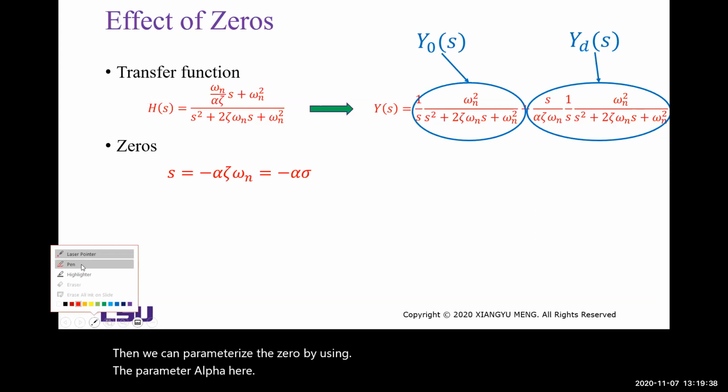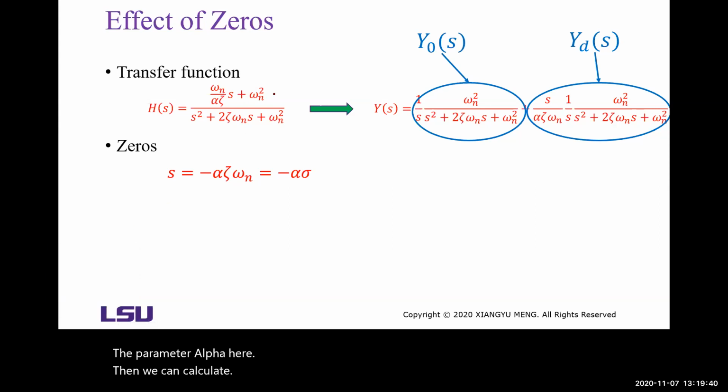We can calculate the zero by letting the numerator be zero. Then we can cancel one omega n. Then the zero will be minus alpha beta omega n. Then beta omega n is sigma, so it's minus alpha sigma.